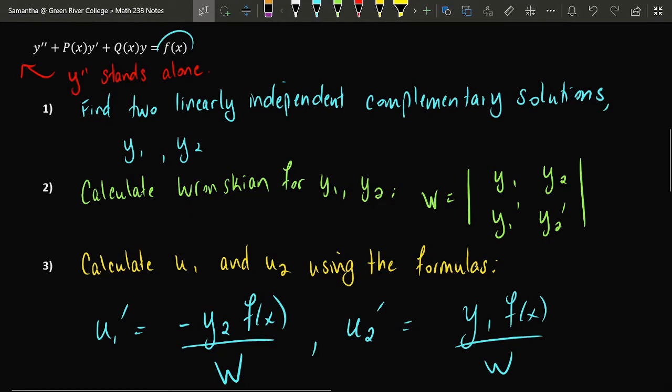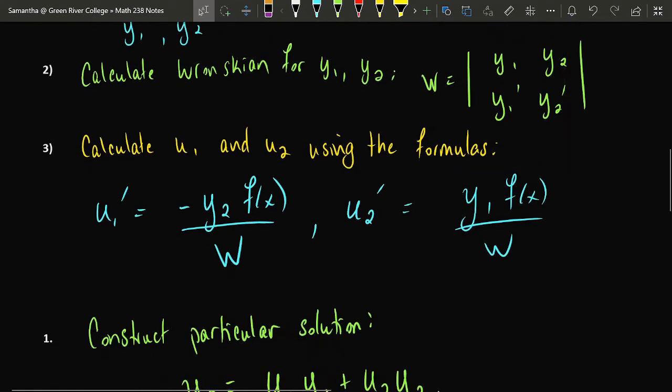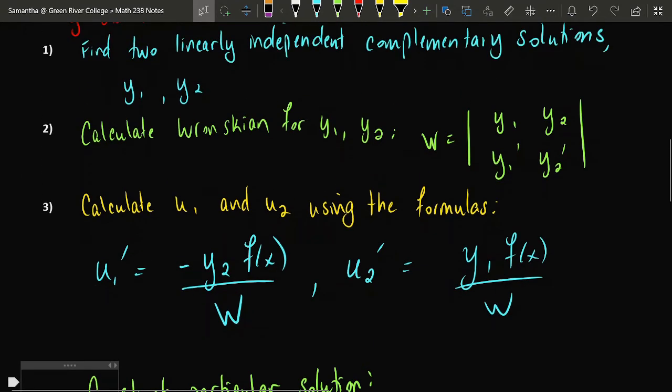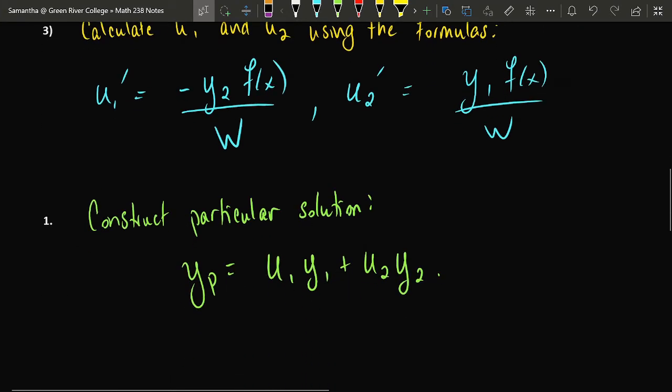In the reduction of order formula, you had one solution y1, and you multiplied y1 by some function u1 to get the second solution y2. In variation of parameters, you have two solutions to the complementary equation, and you're multiplying those by functions and adding them together to build up a particular solution.